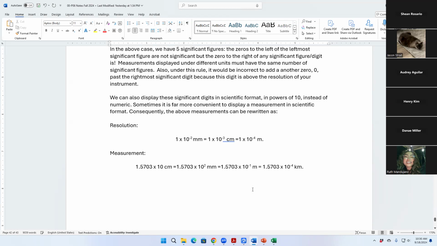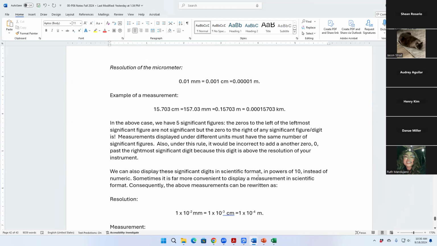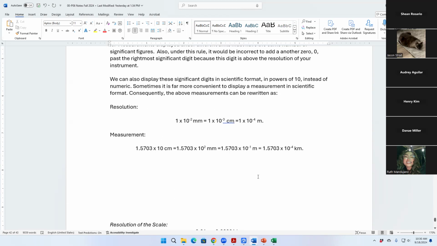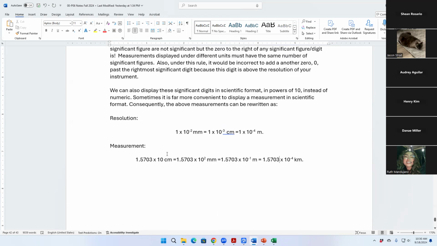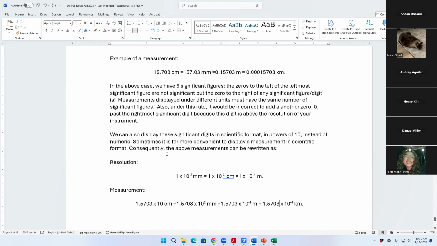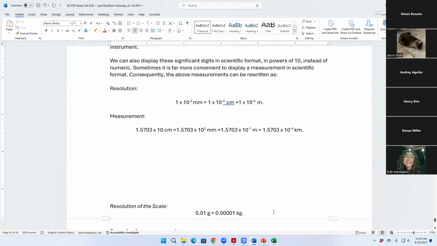We add a significant digit. We have 5 significant digits, right? Yeah, 5 significant digits. That's good. 10 to the 2, good. 10 to -1, good. There.